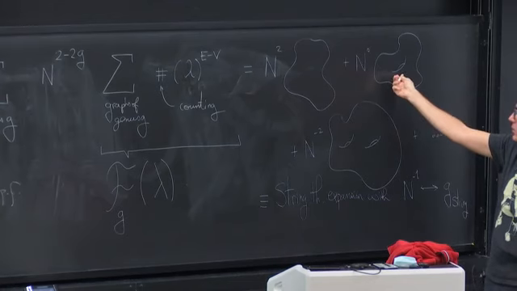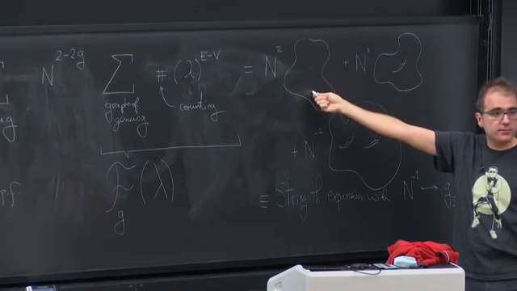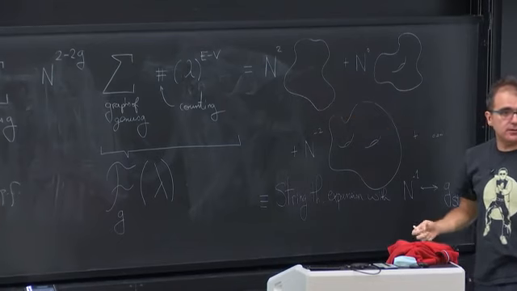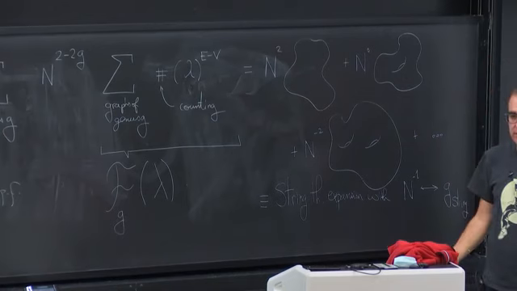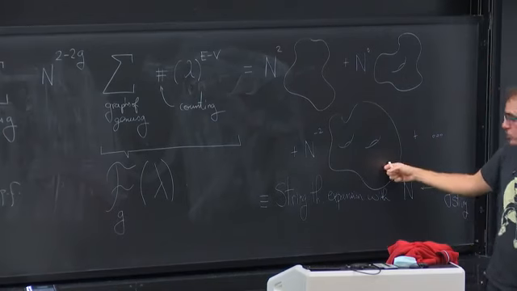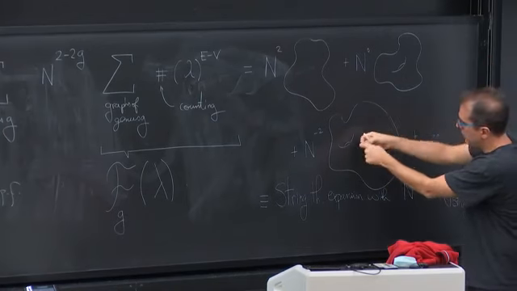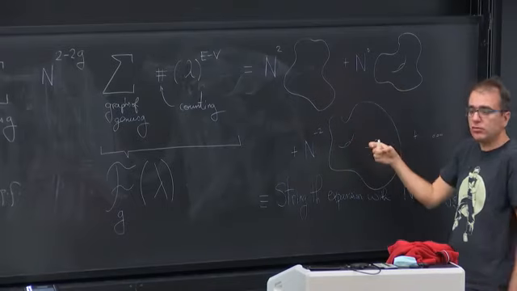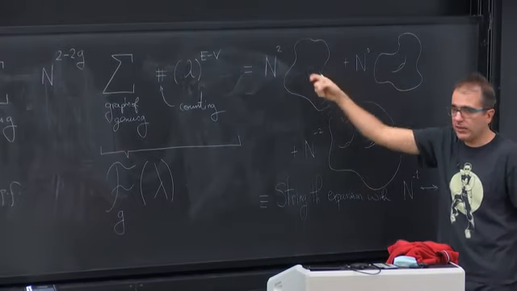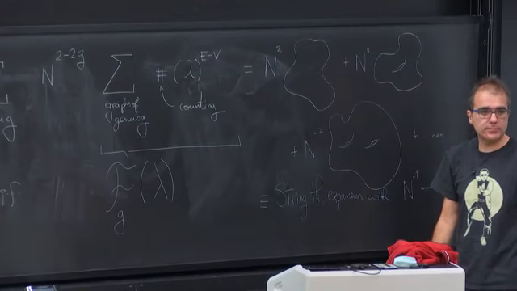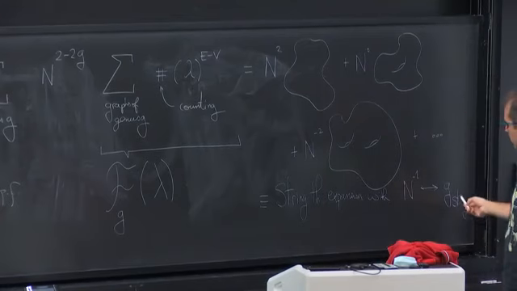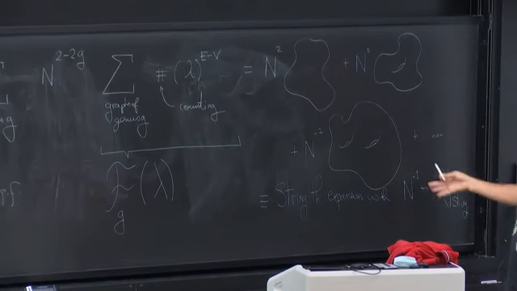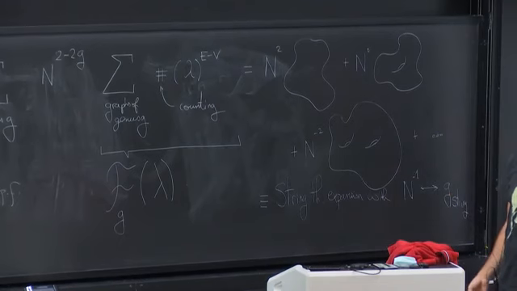So this graph should be g string squared compared to this. I need a g string to create those two strings, a g string to annihilate. For this graph, I need to create, join, so g string to the 4 compared to this. And indeed, n to the 4 is the difference. And so if I identify 1 over n with g string, it looks like this is automatically what I would expect for a string expansion.